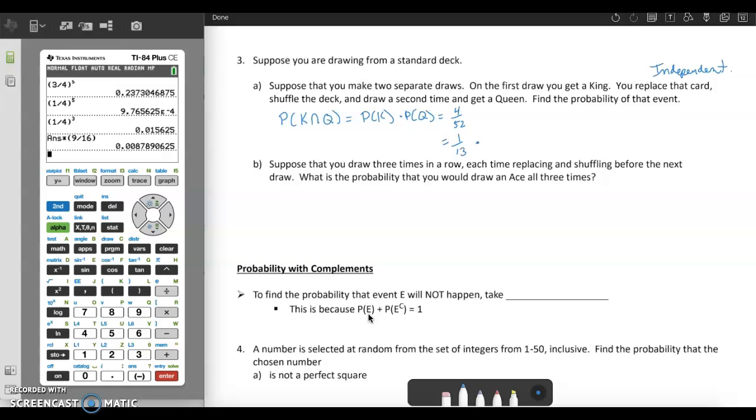And the same thing with the queens, there's 4 of those, so there's a 1/13 probability of drawing that as well. Multiplying those together, we get a 1 out of 169. And as a percentage, just because it's a little easier to understand that way, there is a 0.59% chance that that would happen.